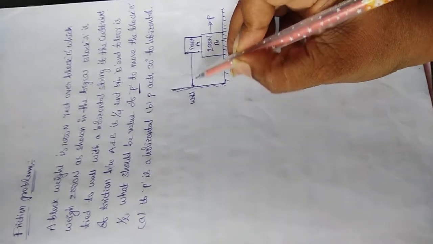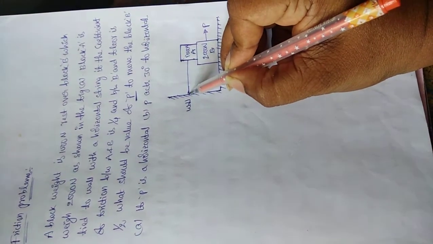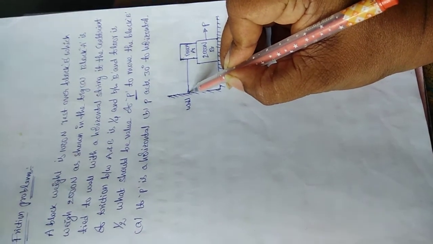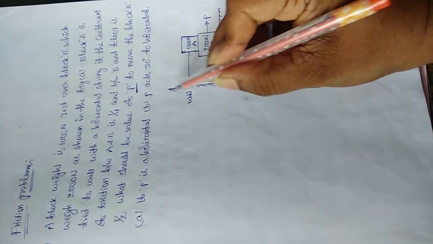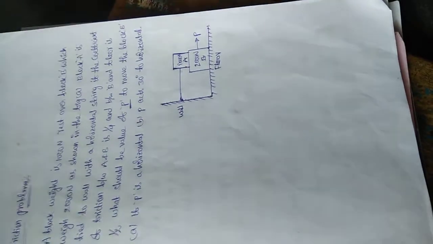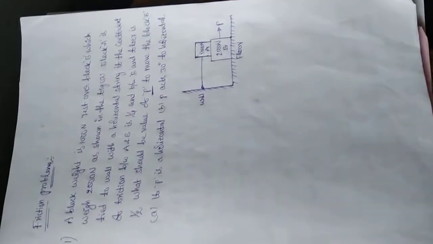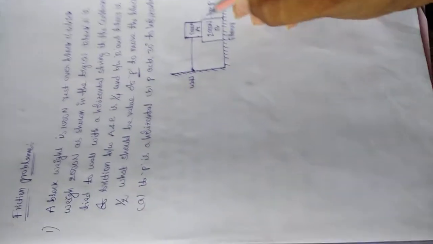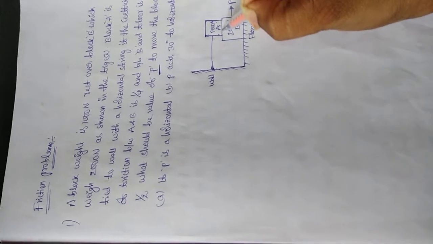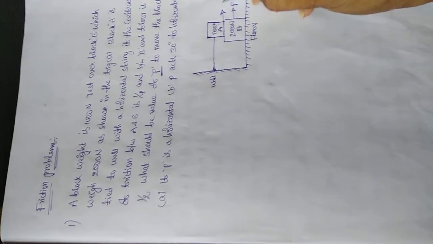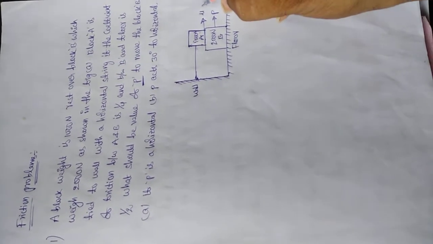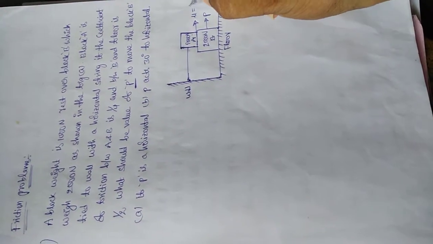Block A is tied with a horizontal string to the vertical wall. The coefficient of friction between these two blocks, A and B, is represented by mu, and it has been given as 1/4.